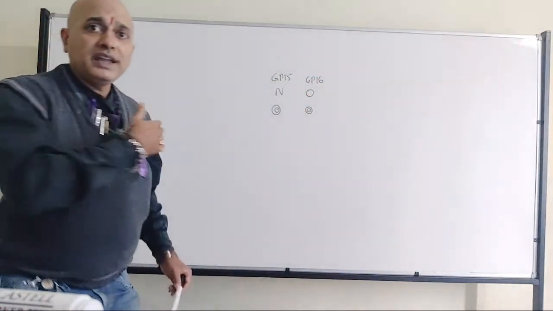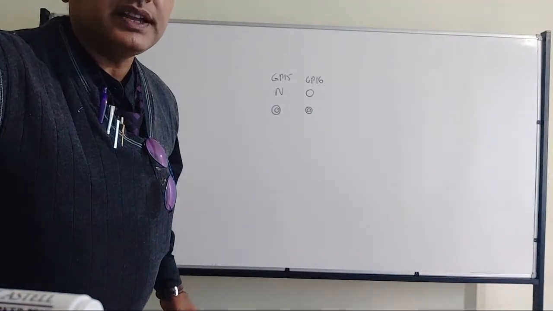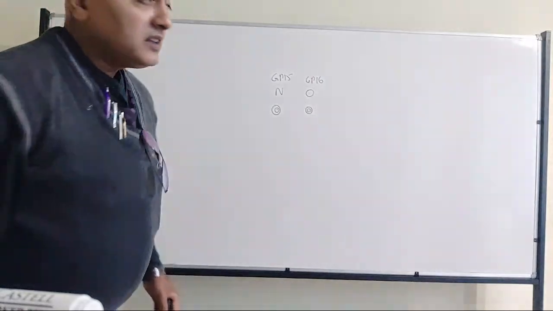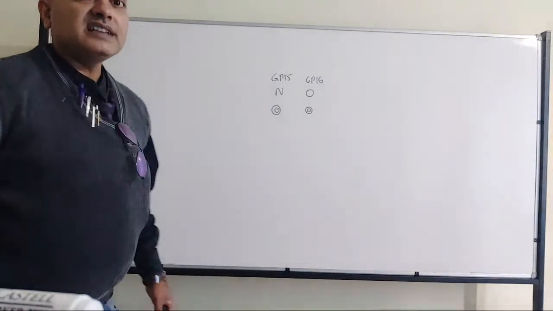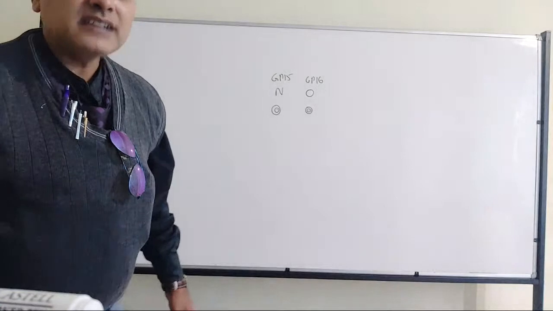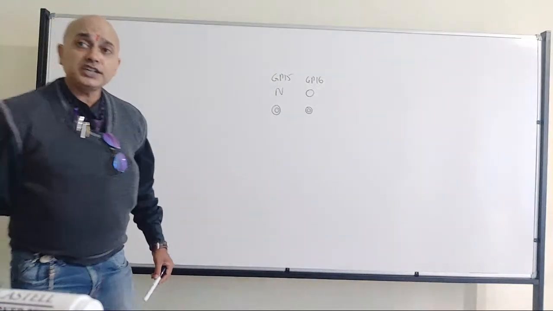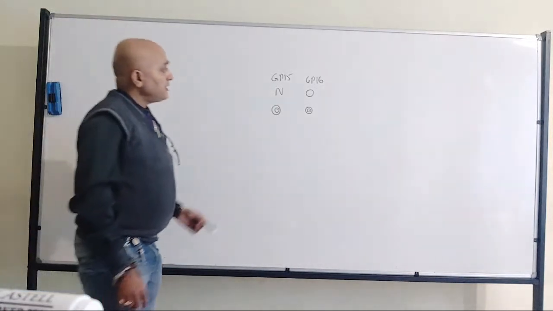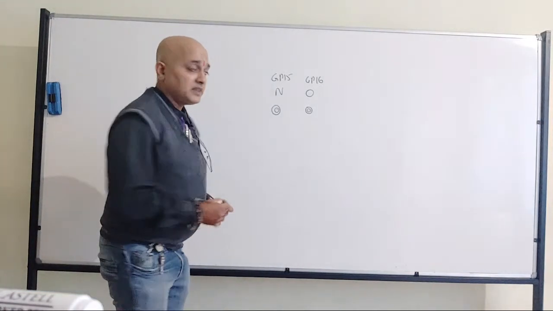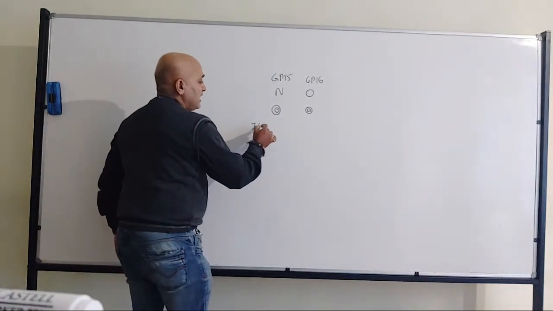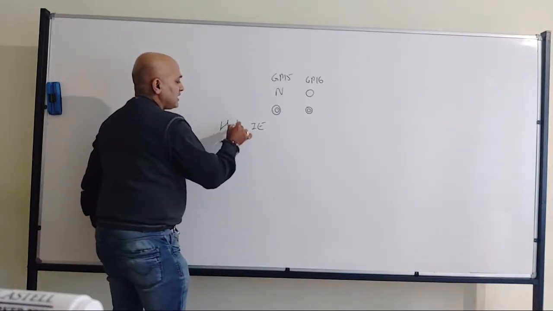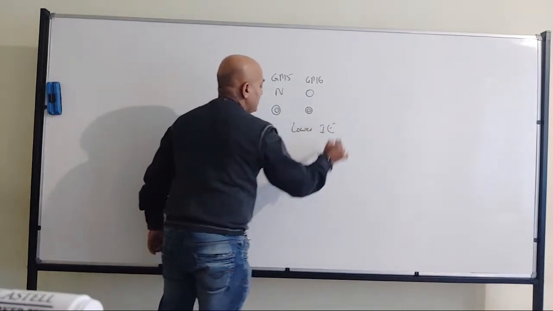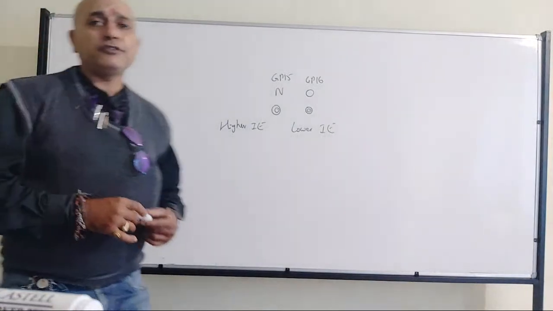So when you are moving rightward across the period, what will happen? Atomic size is going to decrease. As the atomic size decreases, ionization enthalpy should be increasing. Right? So in this case, it's not happening. Nitrogen will have higher ionization enthalpy and oxygen will have slightly lower ionization enthalpy compared to nitrogen.